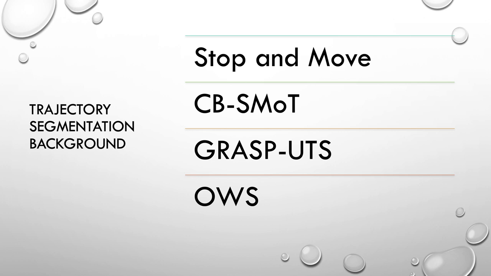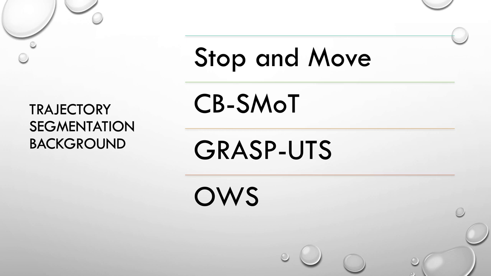A more sophisticated approach to this problem is CB-SMoT, in which we define stop segments using the speed of the moving object and utilizing a density-based clustering approach. GRASP-UTS is a more advanced approach using the minimum description length (MDL) principle to find homogeneous segments.